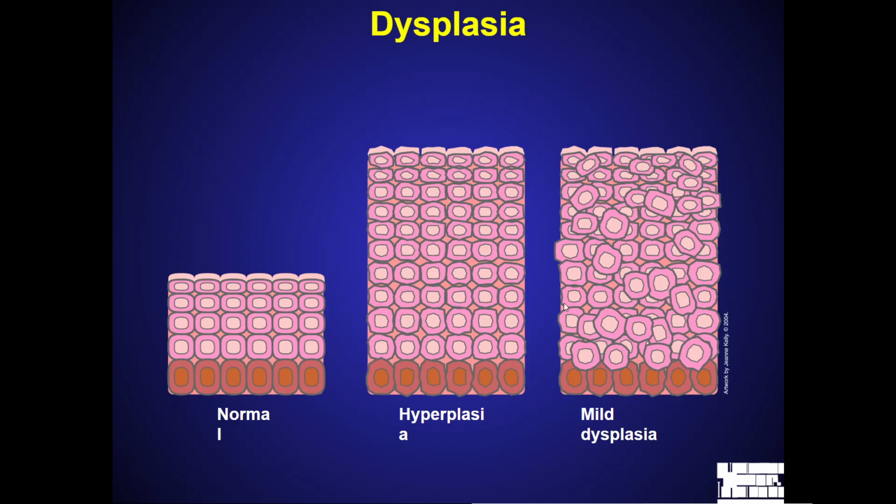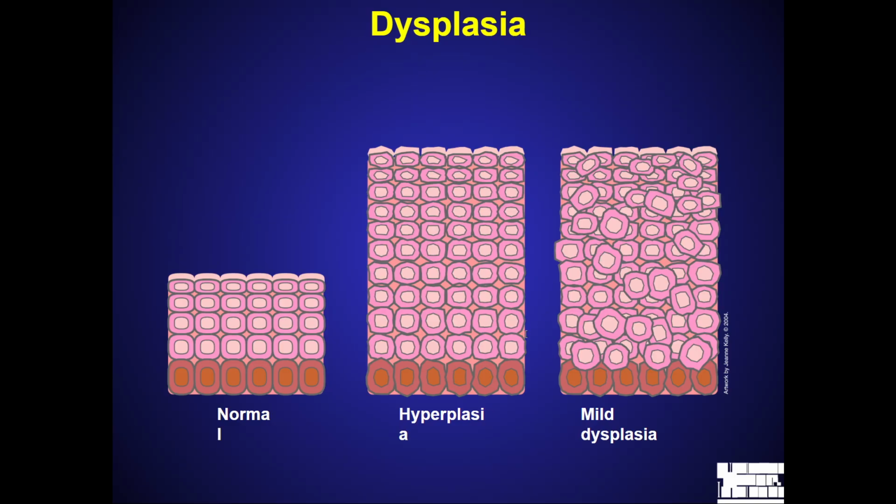Now, dysplasia can be associated with cancer. You can see the difference on the images. With hyperplasia, there are a lot of cells, but with dysplasia, not only are there a lot of cells, they're irregularly shaped and strange, which, as we talked about, are signs of cancer. This is an abnormal loss of tissue arrangement and cell structure, and many times the cells go back to normal, but they can become malignant or cancerous.